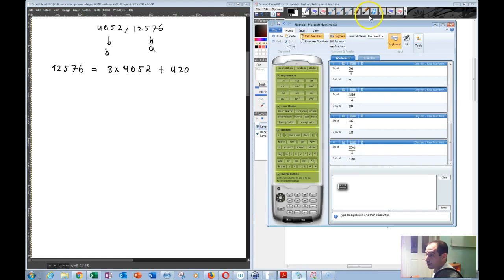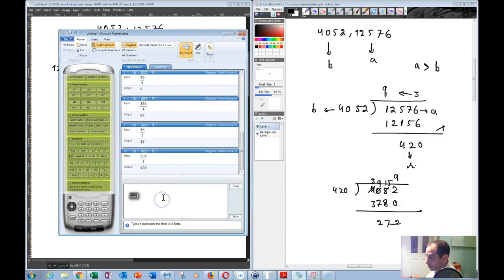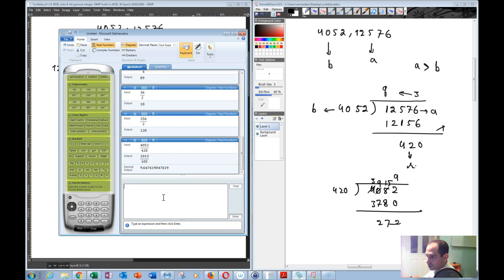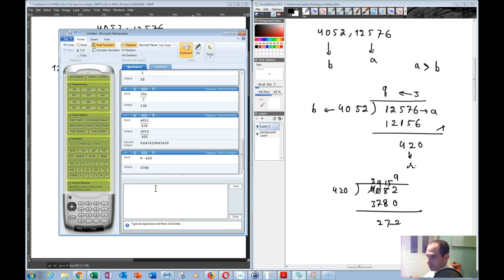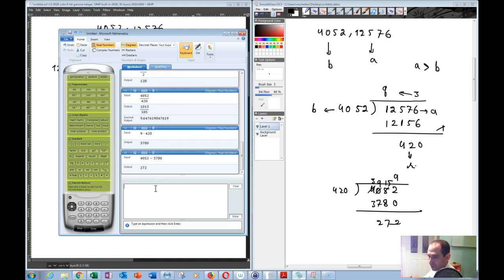Let me do this calculation on a calculator, as I'm not sure if I did that right. 4052 divided by 420 is 9.6. And 9 times 420 is 3780, and 4052 minus 3780 is 272.